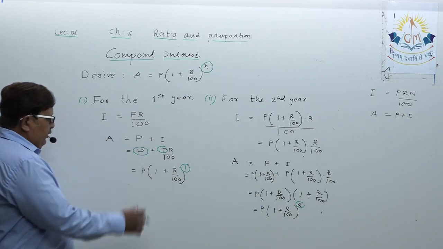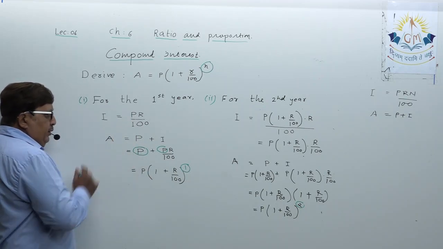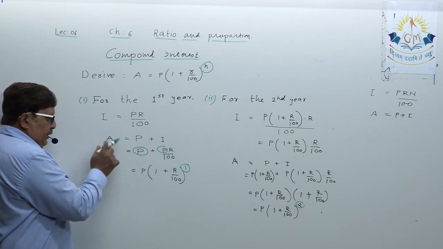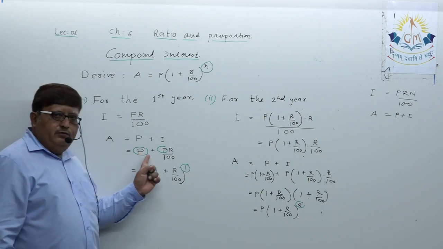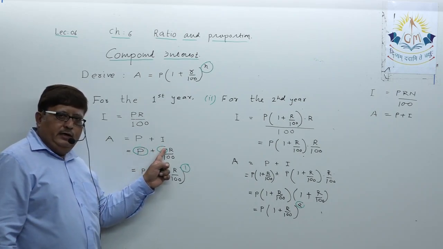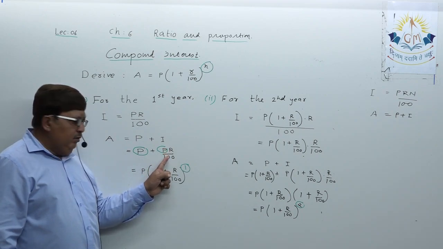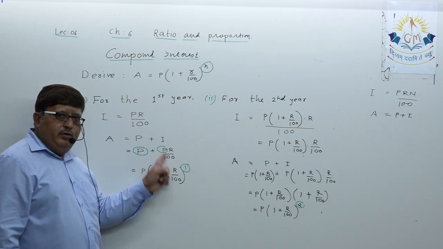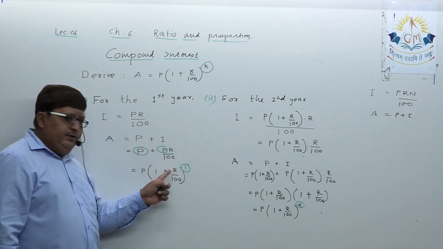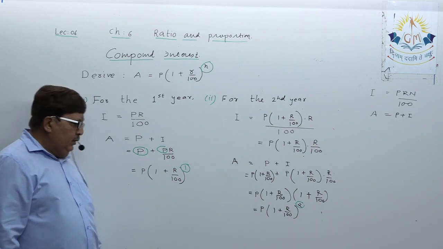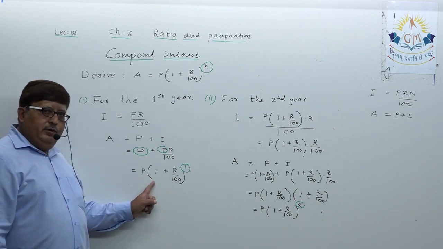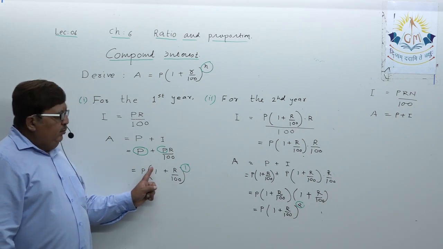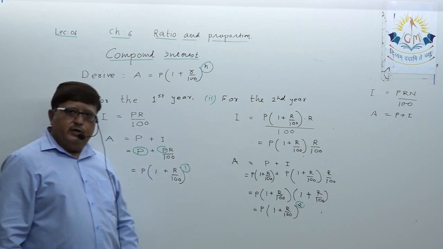I think first year, is it clear in your mind? I equal to PR upon 100. A equals to P plus I. Instead of I, you will place PR upon 100 from here and take out P as common. Now, dear student, this amount becomes principal for the second year.